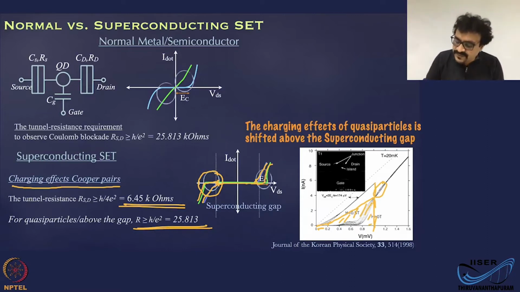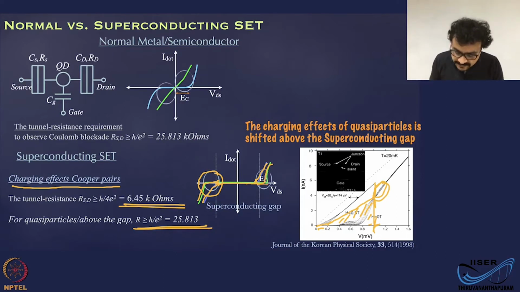So the charging effects of Cooper pair transport, features involving Cooper pairs, are seen until the edge of the superconducting gap. And the moment you cross the gap, you have only electrons in the system, and then the quantum dot is going to exhibit charging effects of only electrons.